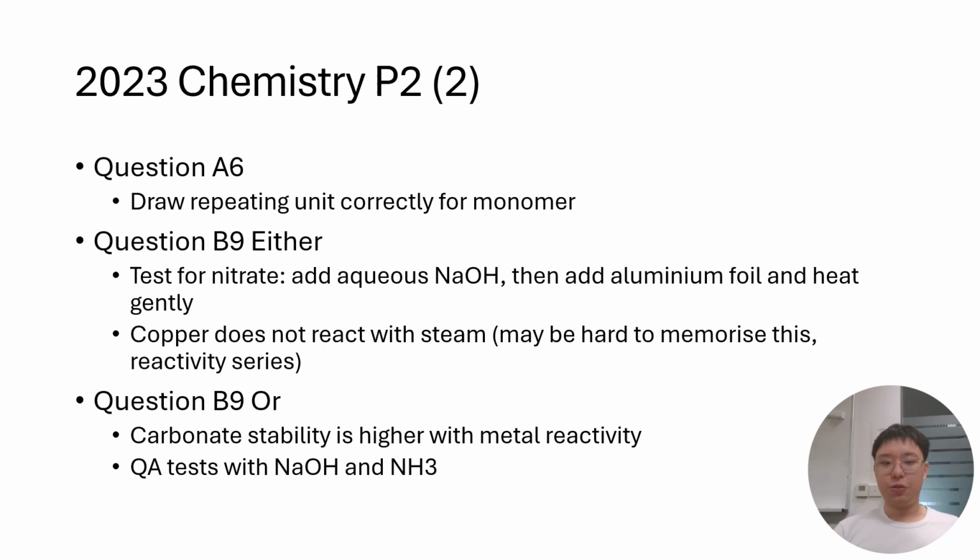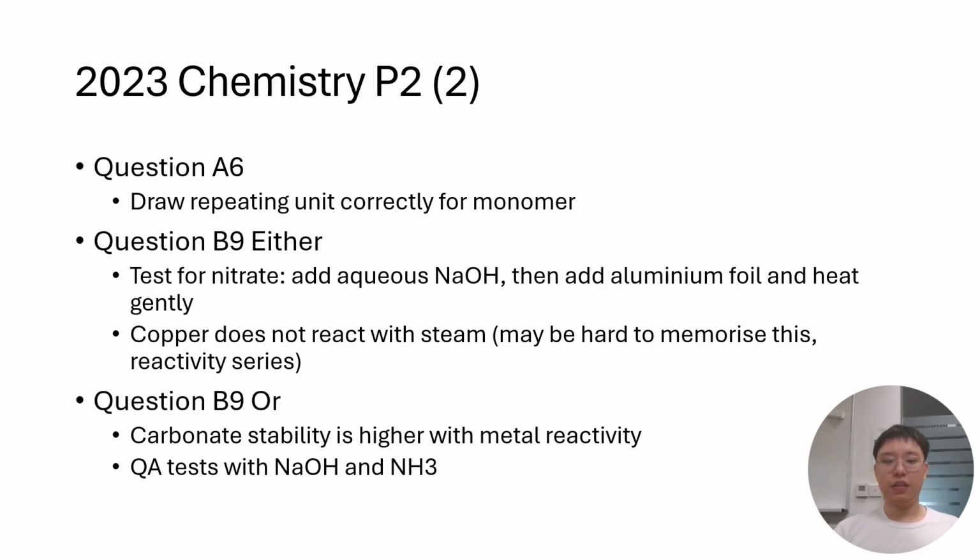The test for nitrate is to add aqueous NaOH, then add aluminum foil and heat gently. And as for question B9 either, the other part was that I didn't realize that copper doesn't react with steam. I find that this may be a bit hard to memorize and commit to memory, so I'm prepared to give it up if it came out.